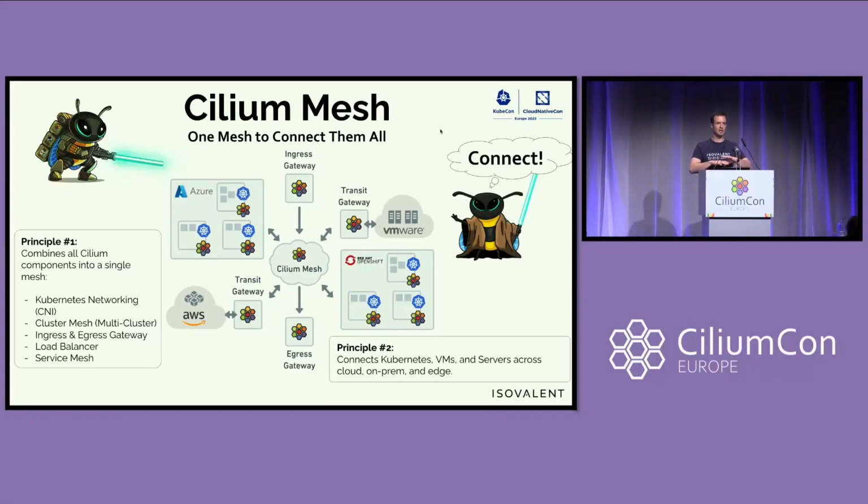So this combines all the existing components of Cilium, Kubernetes networking, the CNI layer, cluster mesh, the ingress and egress gateway, as well as the load balancer and service mesh, into one mesh that is able to connect workloads, whether inside a Kubernetes cluster, on VMs or servers, with each other.